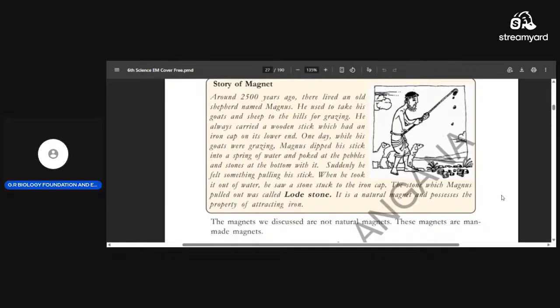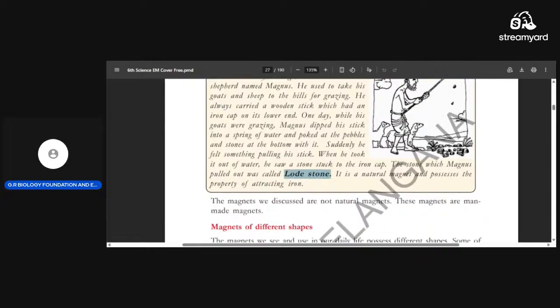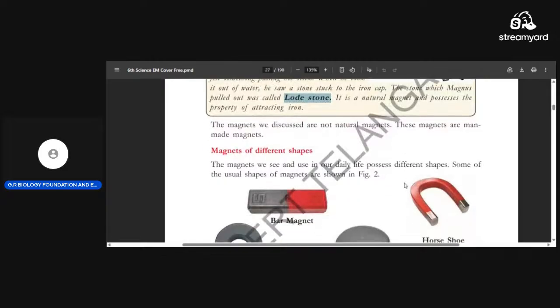That characteristic of the stone is that it attracts only iron objects. That stone was discovered by Magnus, so that is the reason this material is called a magnet. Magnus discovered the magnet. The first natural magnet is a lodestone. This is one of the important points.